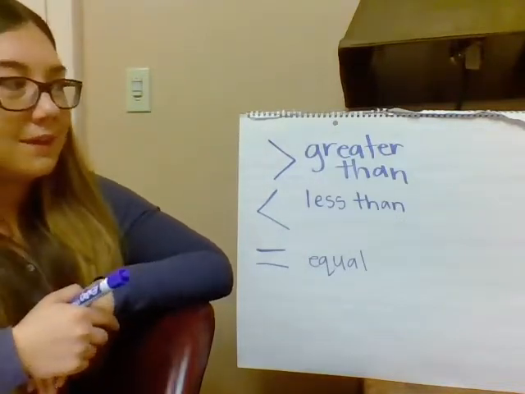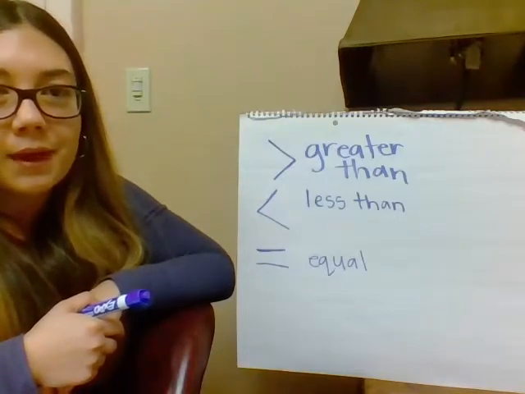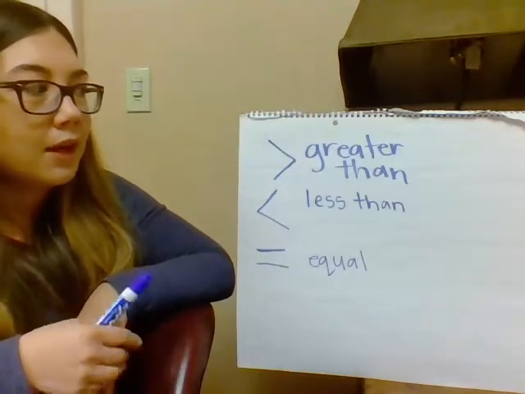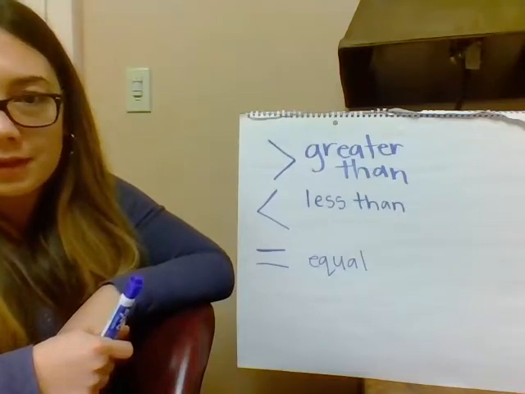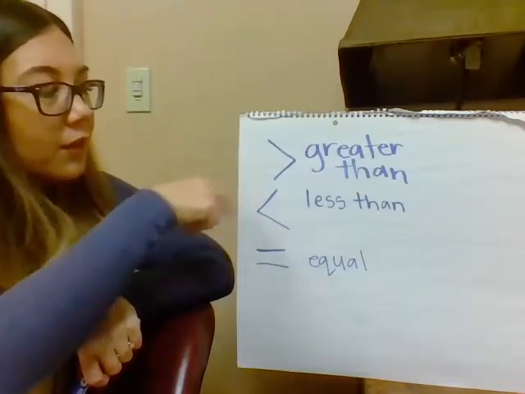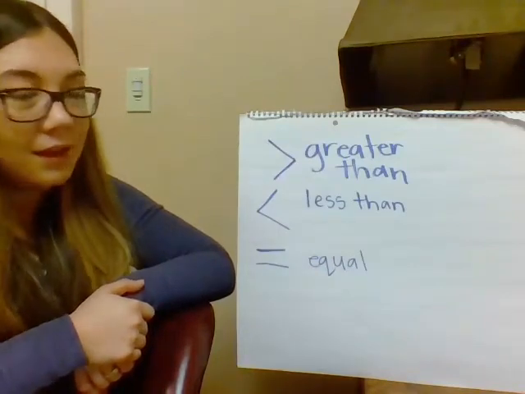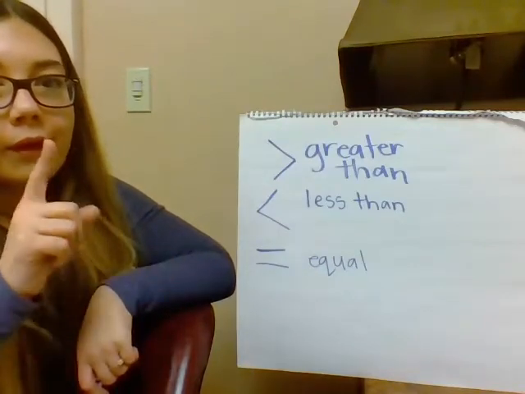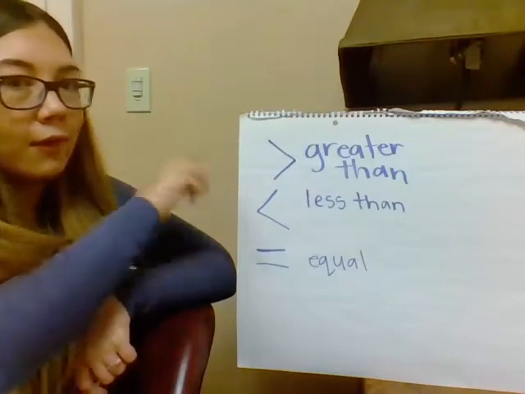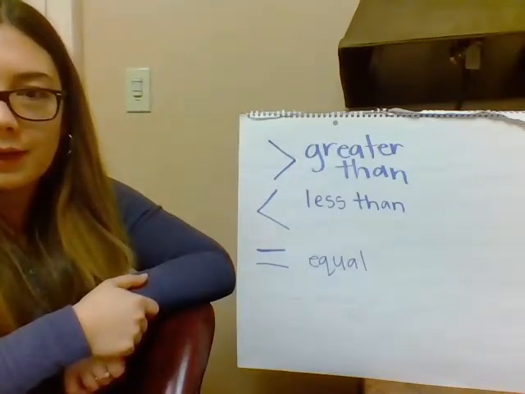The alligator wants to eat whatever is the bigger amount. The alligator would rather have 2 cookies than 1 cookie. So he's going to open his mouth to whichever number is bigger, okay? He doesn't want 1 cookie when he could have 4, okay?